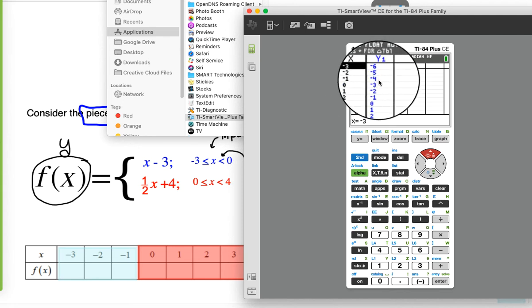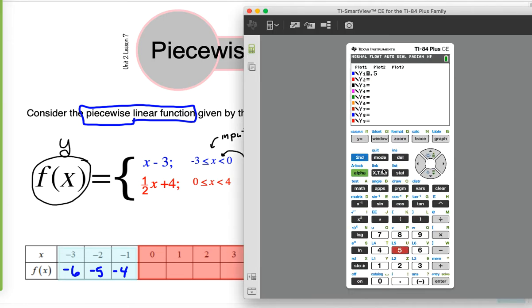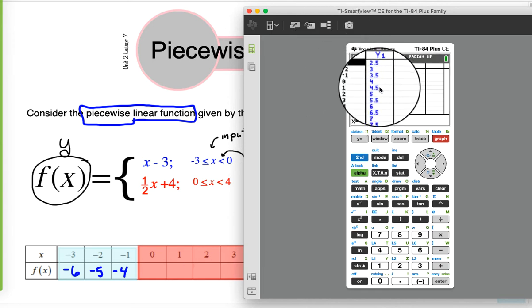So that's negative 6, negative 5, negative 4, and I can write those over here. I can go back to my graphing calculator, once again go to my table, and I want the points from 0 to 4: 4, 4.5, 5, 5.5, 6.